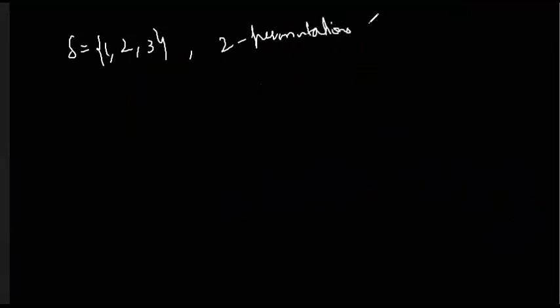Suppose we have a set S with the elements 1, 2, 3. Then what are the 2-permutations of S? That is, we need to select each time two elements and see how many permutations we will have.